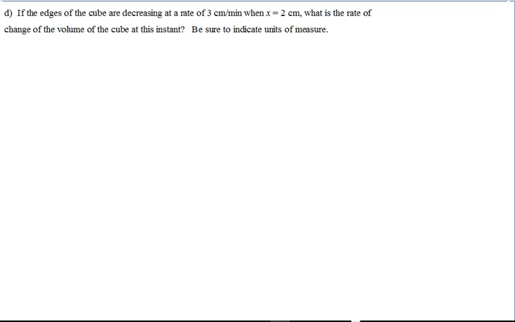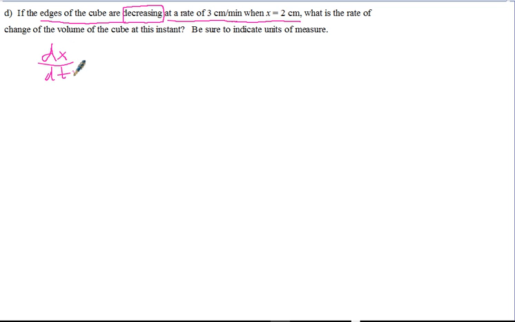All right, let's take a look at part D on this one. Now it says the edges of the cube are decreasing at a rate of 3 centimeters per minute when x equals 2. So edge of the cube, remember, we called x, so that's giving us the rate or derivative of that, dx/dt.